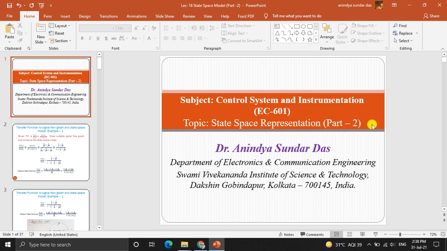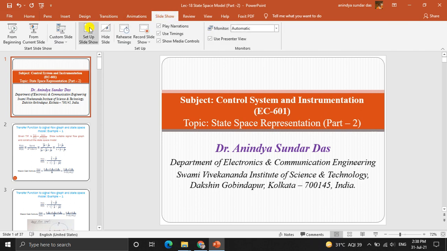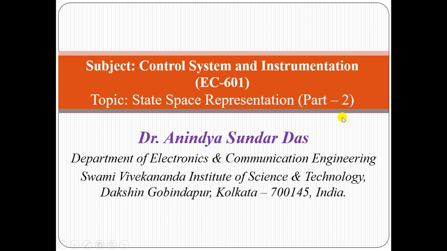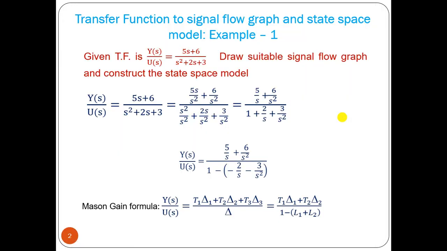In the previous lecture, lecture number 17, I already discussed the state space model. Today in this lecture, let me solve a new kind of problem. A transfer function is given.